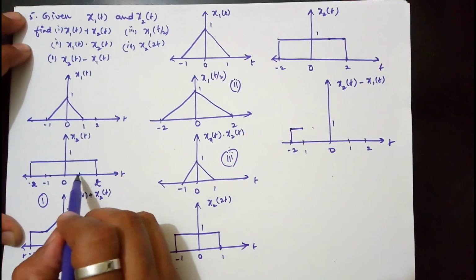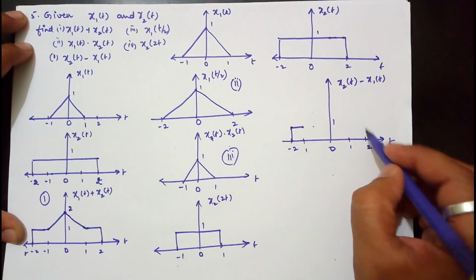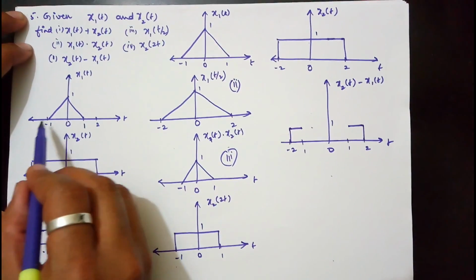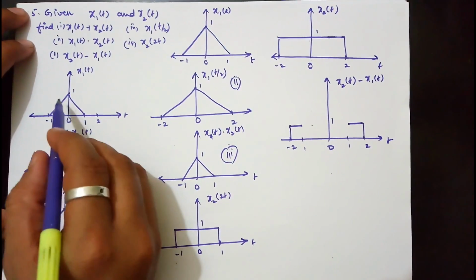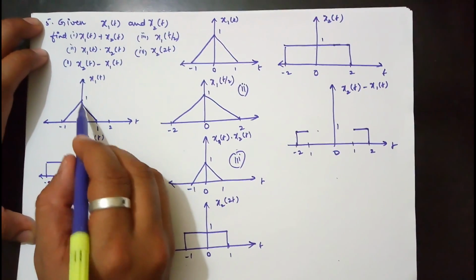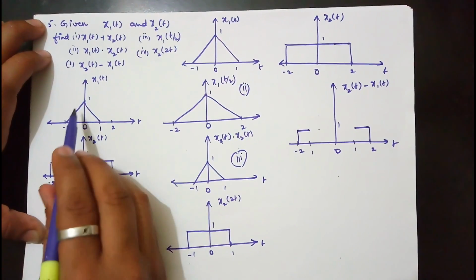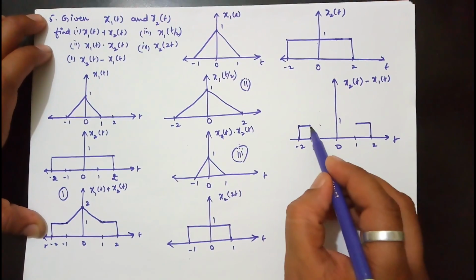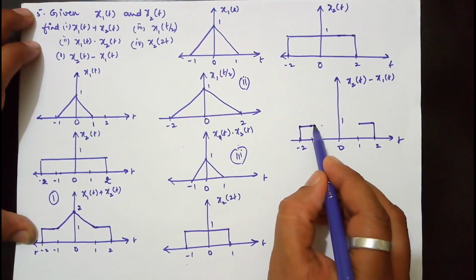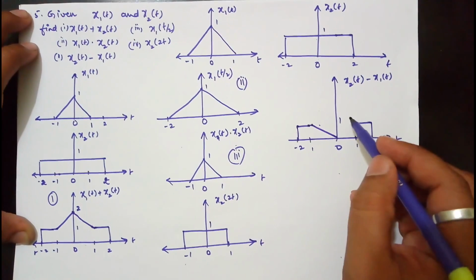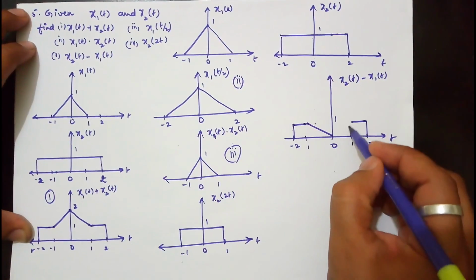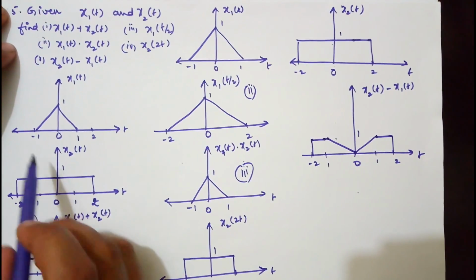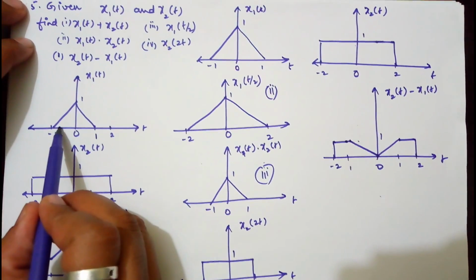Similar is the case to the right, it is 1 minus 0, again it will be 1. Now for the next case, at t is equal to 0 you have 1 minus 1, that means you will get a 0 at t is equal to 0. That means this waveform will tend to 0 like this, and even the waveform on the right side will tend to 0 like this.